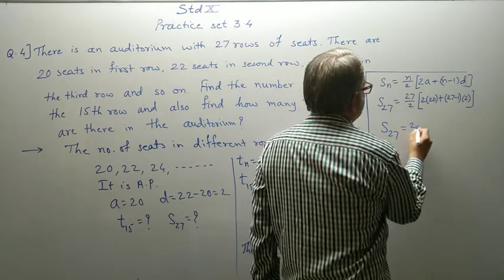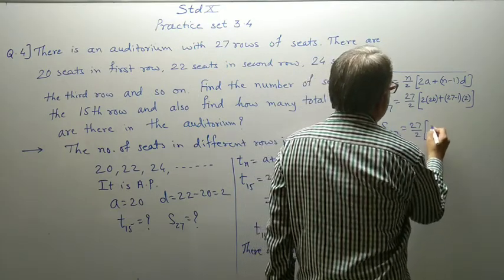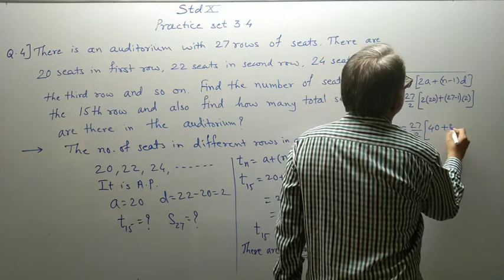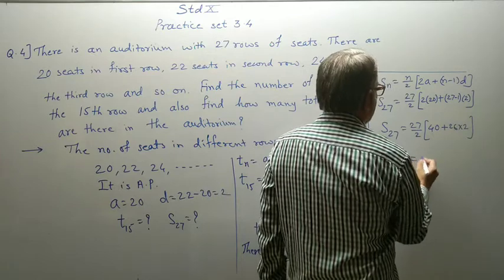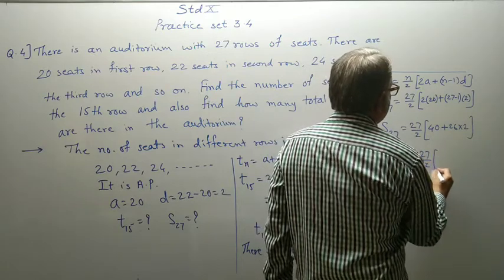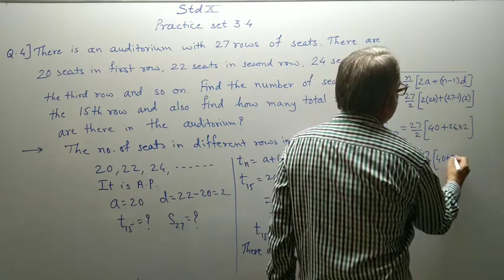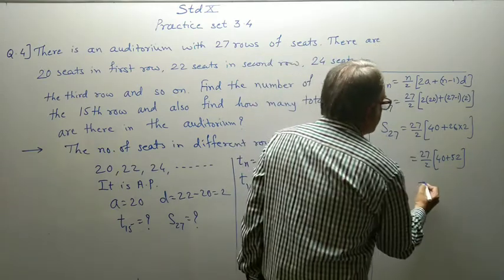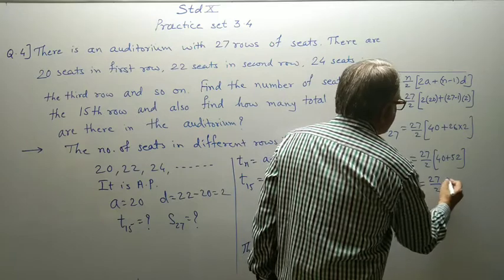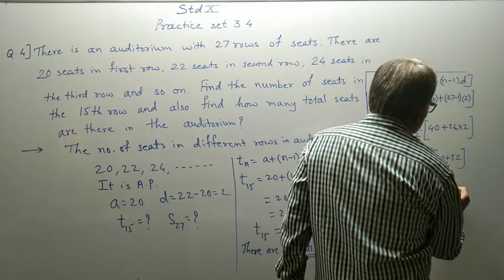S27 is 27 upon 2 into bracket 40 plus 26 into 2, product first, then addition. 27 upon 2 bracket 40 plus 52. 27 upon 2 into bracket 92.